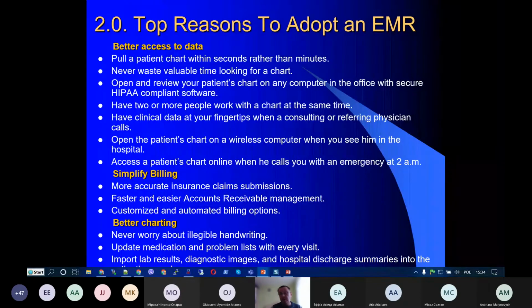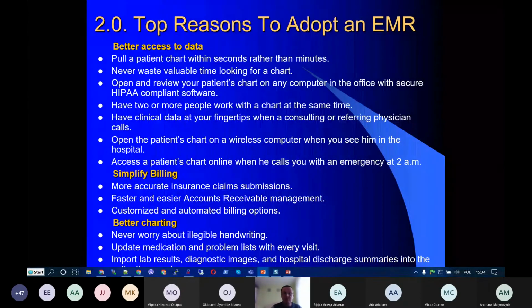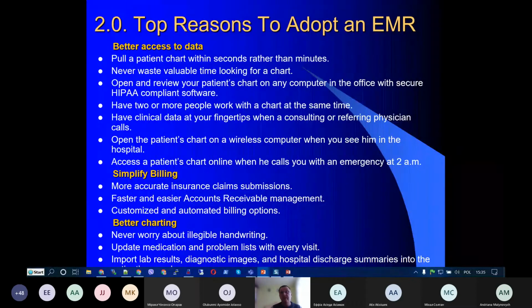Also, we can share information with multiple physicians at a time, and we have the ability for collaborative, simultaneous work.